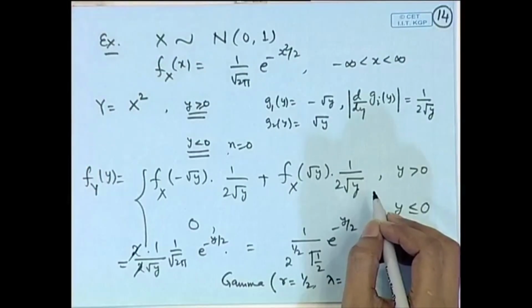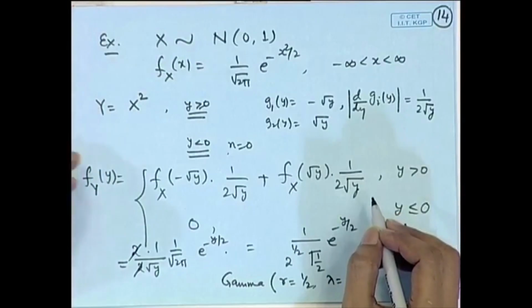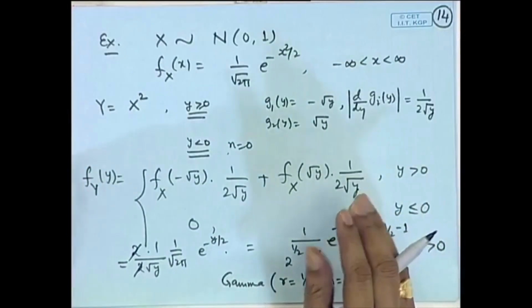Now, sometimes it may happen that in place of a finite number of inverse images, we have an infinite number of inverse images. That may happen in cases such as periodic functions, which are trigonometric functions such as sine function or cos function, etcetera. So, the theorem can be extended here.